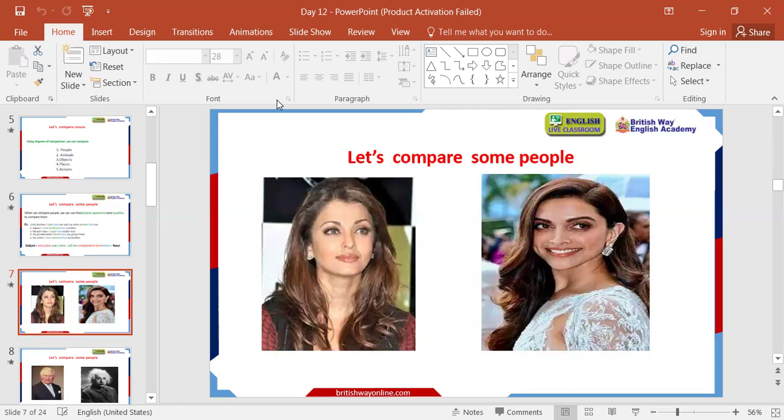Aishwarya Rai is a better actor than Deepika Padukone. Aishwarya Rai is older than Deepika Padukone.